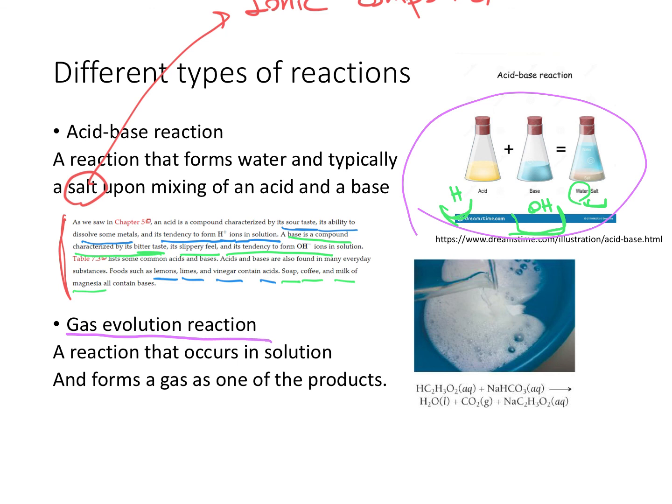Another type of reactions are gas evolution reactions. Can you guess what is the definition? Yes? A reaction that occurs in solution and forms a gas as one of the products. Exactly. Can anyone give me an example?